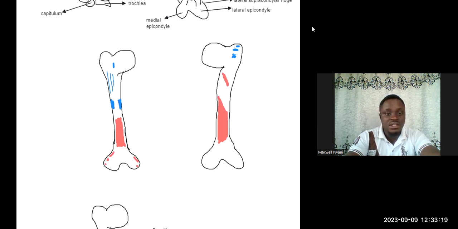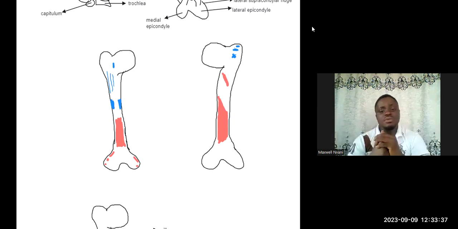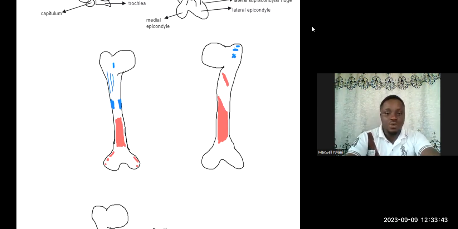On the middle third, some things are inserted there. The lateral epicondyle, the medial epicondyle, the lateral supracondylar ridge, and the medial supracondylar ridge, there are things originating from there. So you should be able to label these things on your own, because in your viva or your practical, you could be given this bone and they just paint somewhere and tell you what is attached there. Okay, should be a giveaway question for you.